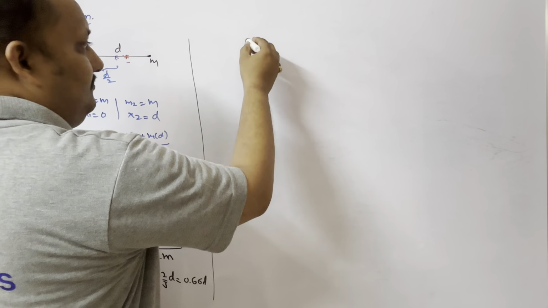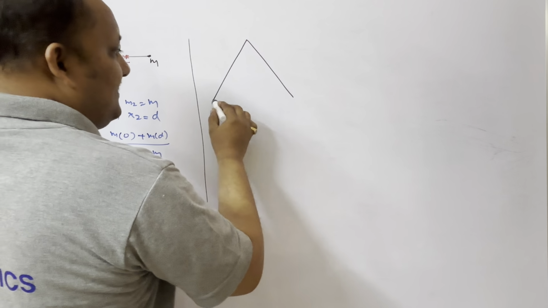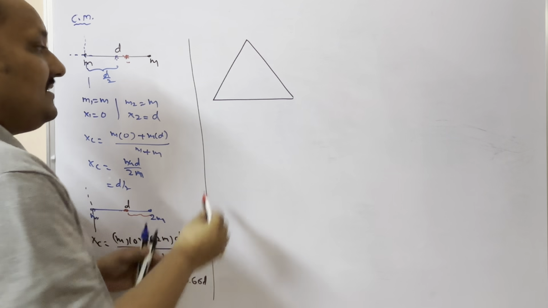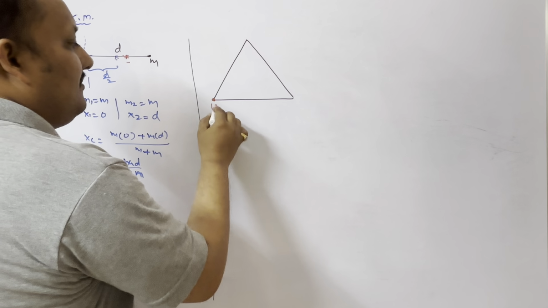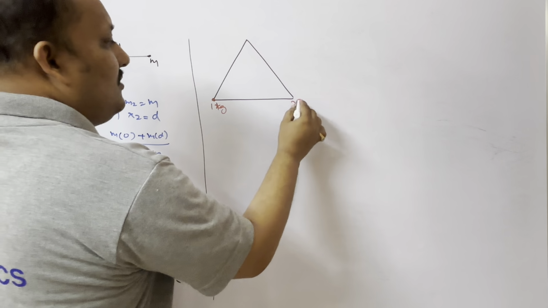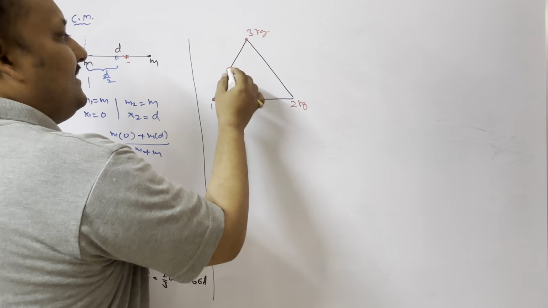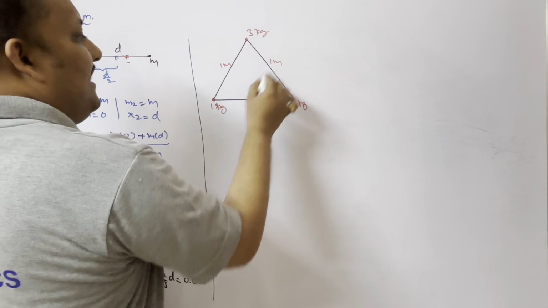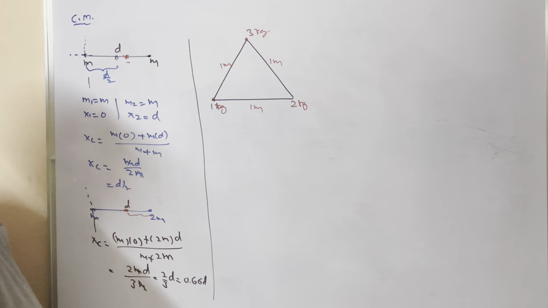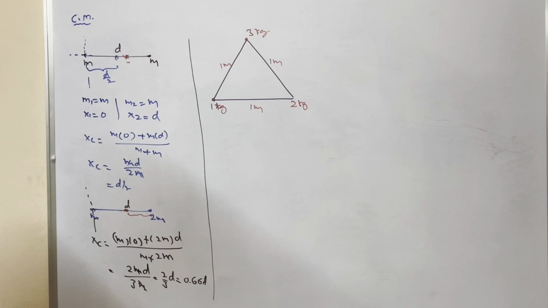Next, if three masses 1 kg, 2 kg, 3 kg are placed at three corners of an equilateral triangle of each side 1 meter, then find the position of center of mass.